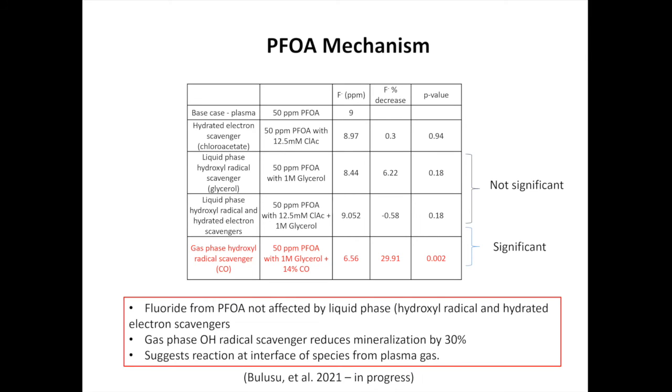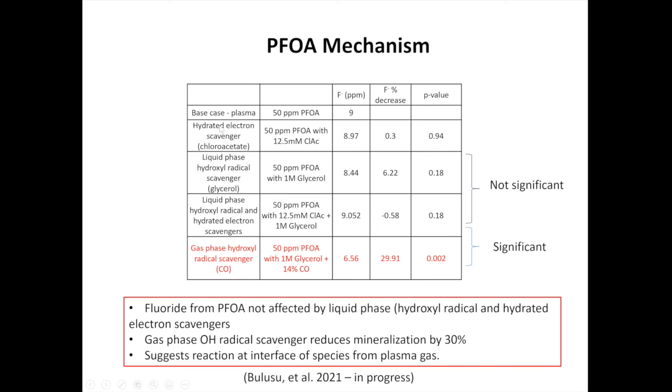So the PFOA, though, in the reactor where we looked at, the PFOA is at the interface between the gas and the liquid. It's a surfactant. And so it can be attacked directly from the gas as well as by reactants that get into the liquid. And so by putting in compounds that suppress reactions from the gas or liquid, we try to tease out where the reaction is occurring. And so what we tried to do was add scavengers, and scavenger is a compound that removes the active species.